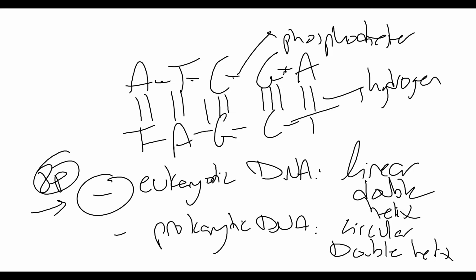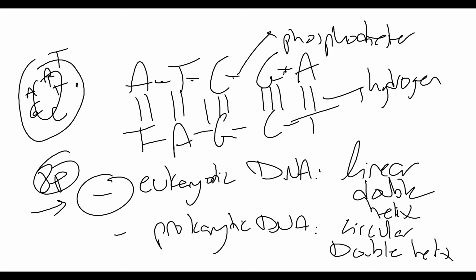However, if it's prokaryotic DNA, meaning circular DNA, all of this double helix is connected because circular means it's connected. A here, T here, C here, G here, A here. And on the other side, we have T here, A here, G here, C here, and T here. So if you count, you're going to be adding one phosphodiester on them.